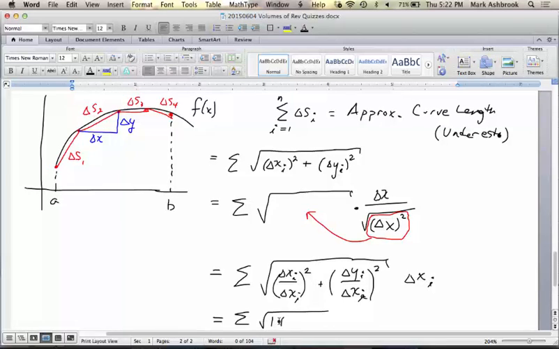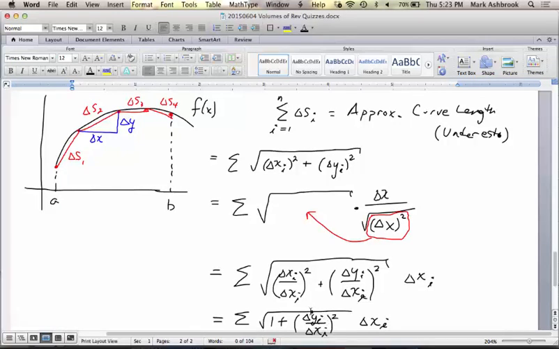1 plus, what do we have? Delta y over delta x, quantity squared. So inside the square root here, delta y over delta x. As delta x gets very, very small, what does that become?